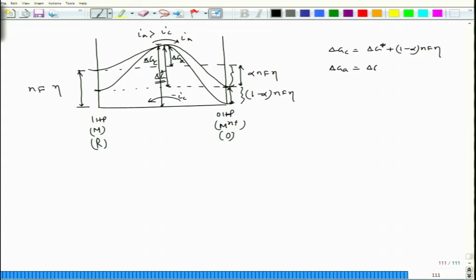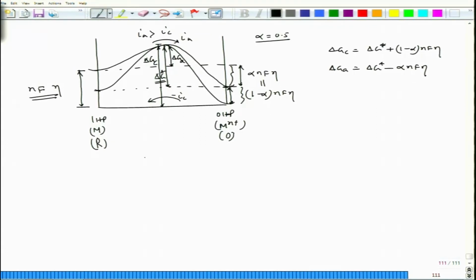So, delta G star minus alpha n F eta, and we are assuming that alpha is equal to 0.5. That means the distribution of this total change in free energy towards the activation energy is the same quantity. So, these two are equal since alpha equals 0.5.